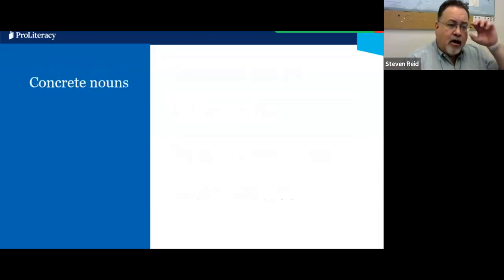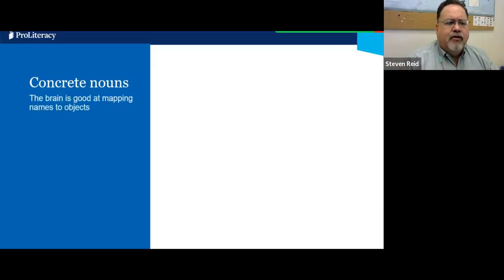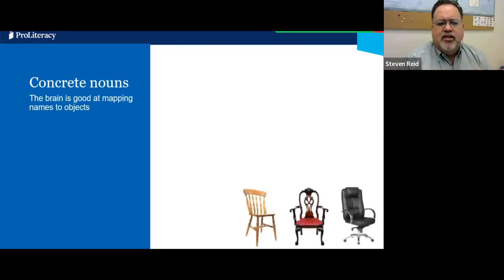With those concrete nouns, the brain is very good at mapping names to objects, and that's why I always start with concrete nouns. Because if you are looking at these 3 items, while these are all chairs, they're very different chairs. They look different, they're shaped different, but by having those 3, the student can go, okay, this is a chair.